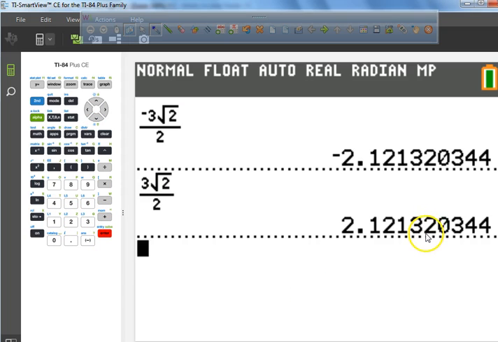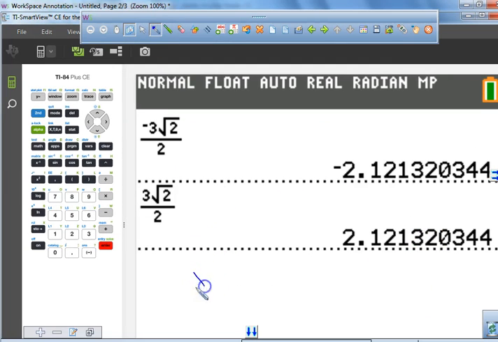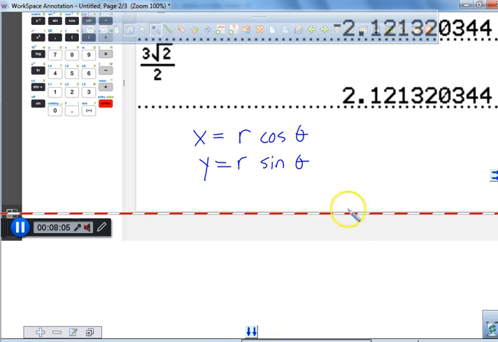Okay. Now, there are some formulas that I told you guys, right? And the formula, I'm going to take a screenshot of this real quick. The formula was x will equal r cosine theta, and y will equal r sine theta. So right now, what I'd like you guys to do is write x equals 3 cosine, open up the parentheses, put 3 pi over 4.